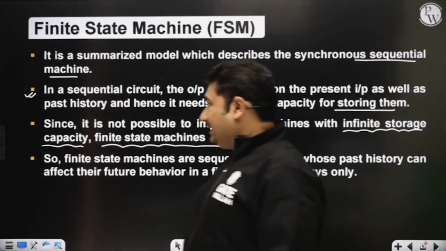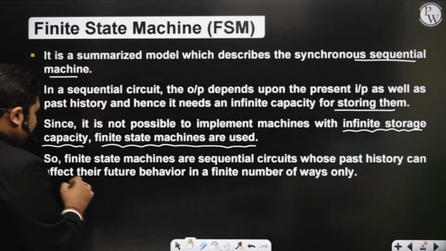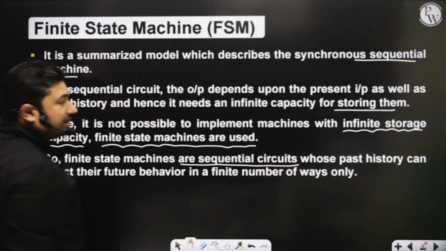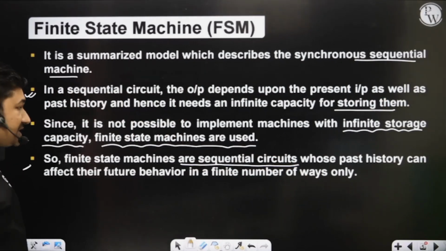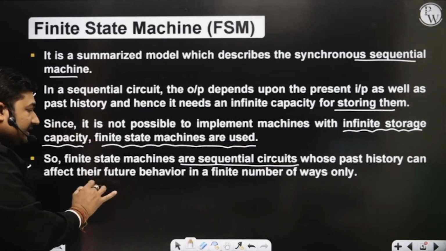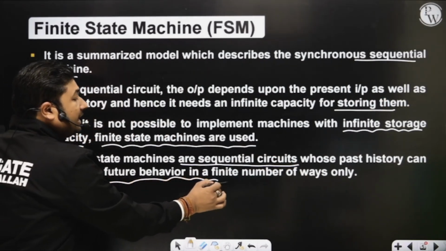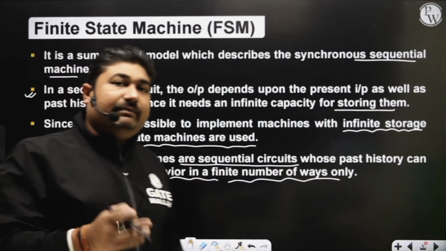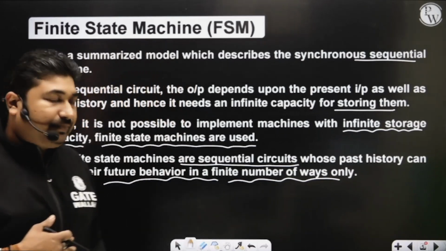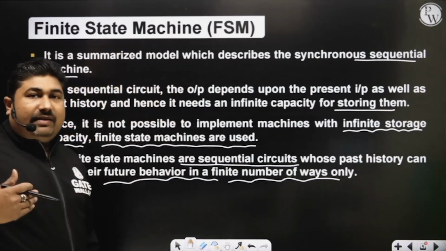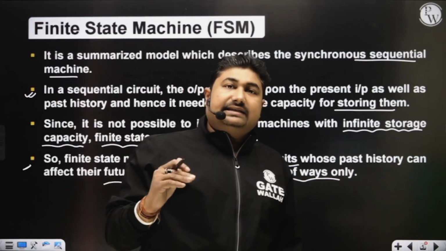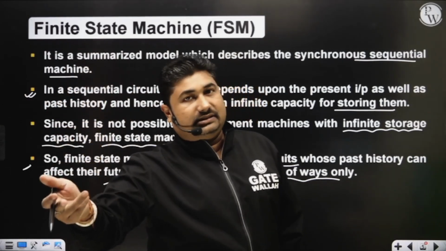Next, see, finite state machines are sequential circuits whose past history can affect their future behavior in a finite number of ways only. Like if I am going to design some circuit, then it should behave exactly the same after some clock pulses.